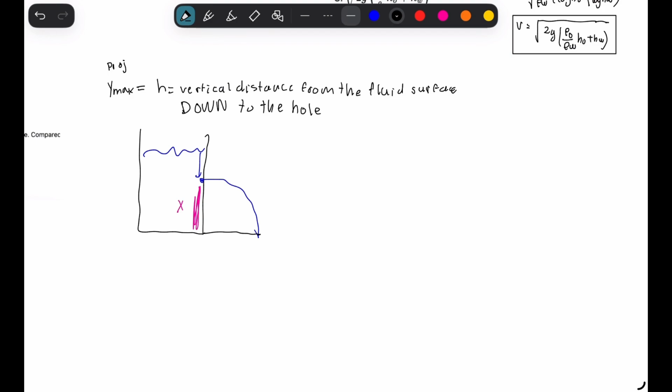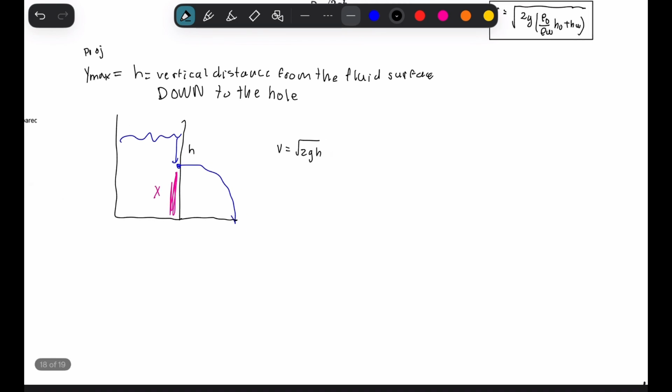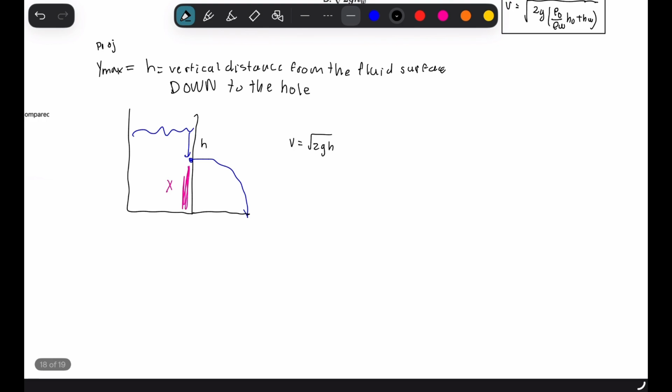So when you plug into Torricelli, this H is actually going to be the H that is in the root of 2gh formula. So for example, in this problem, let's say that the depth below the surface is going to be 10, and let's say that we have 7 as the height from the hole, and we can say that the hole is 3 meters above the bottom.